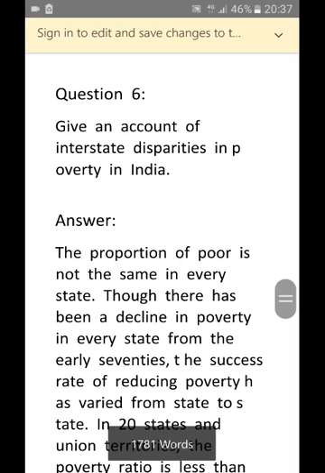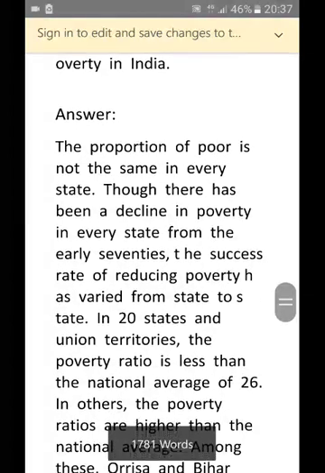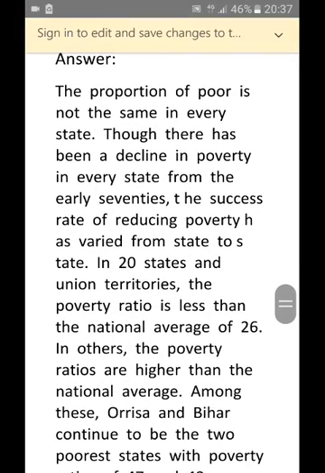Then we come to the sixth question. Give an account of interstate disparities in poverty in India. So, answer: the proportion of poor is not the same in every state, though there has been a decline in poverty in every state from the early 70s.